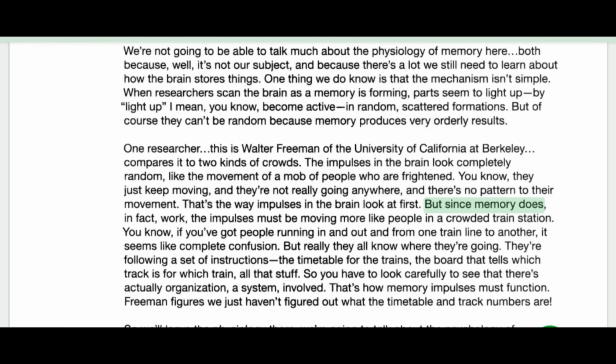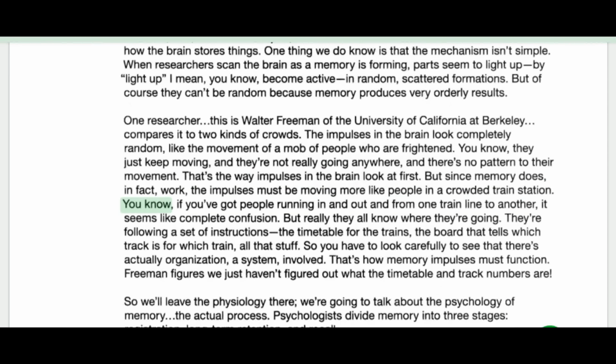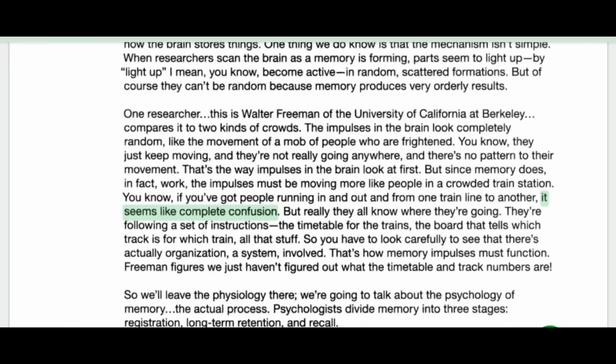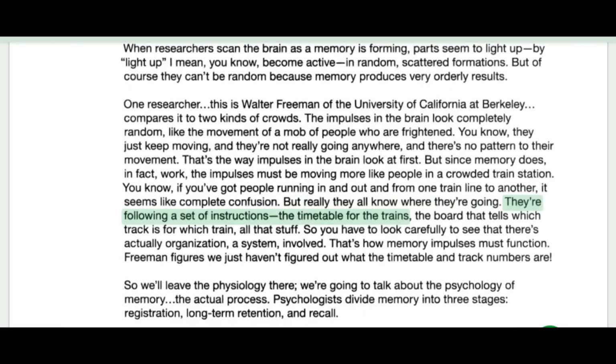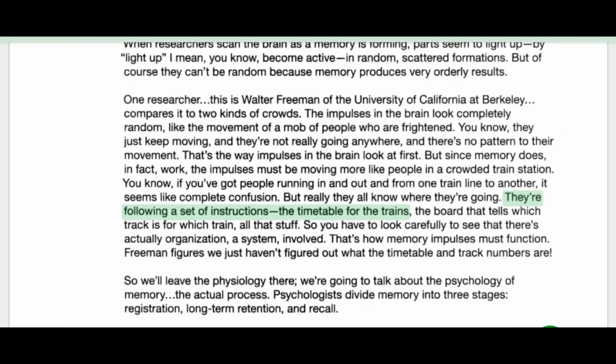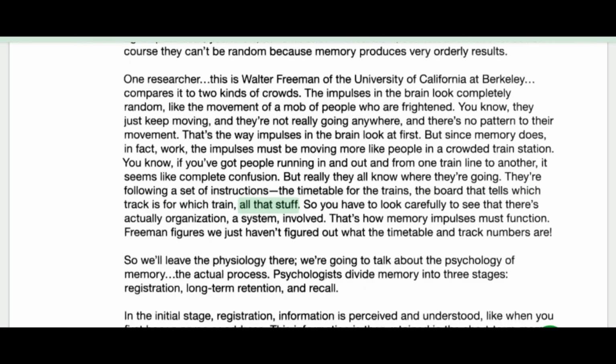But since memory does, in fact, work, the impulses must be moving more like people in a crowded train station. If you've got people running in and out and from one train line to another, it seems like complete confusion. But really they all know where they're going. They're following a set of instructions, the timetable for the trains, the board that tells which track is for which train, all that stuff.